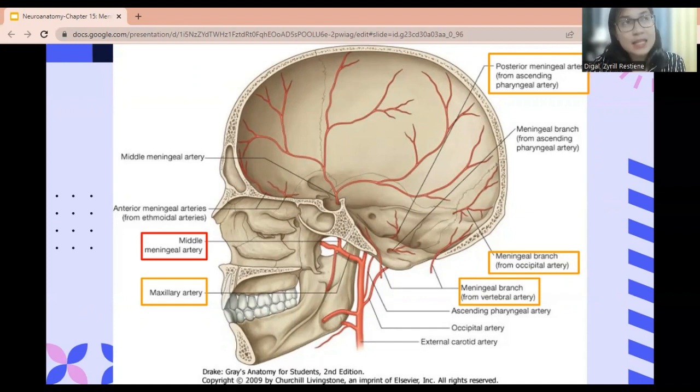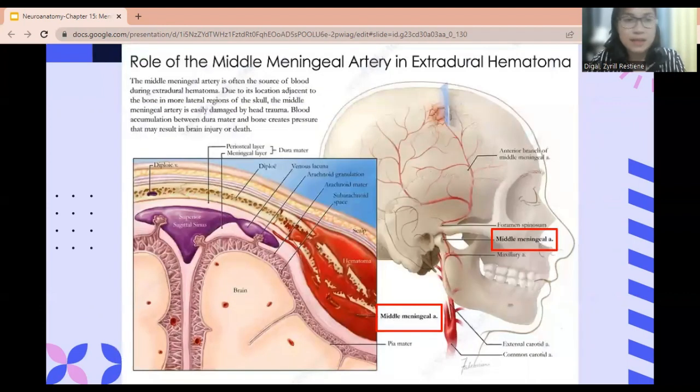From the clinical standpoint, your MMA is the most important because it is the most vulnerable to head injuries or traumas. Why is it prone to head injuries or traumas?